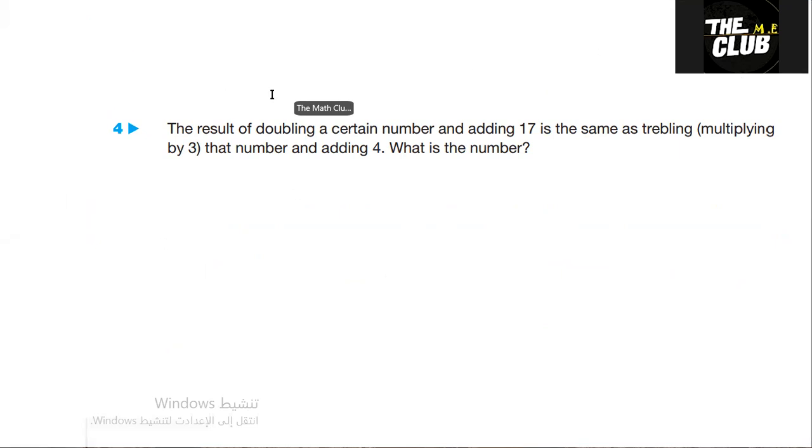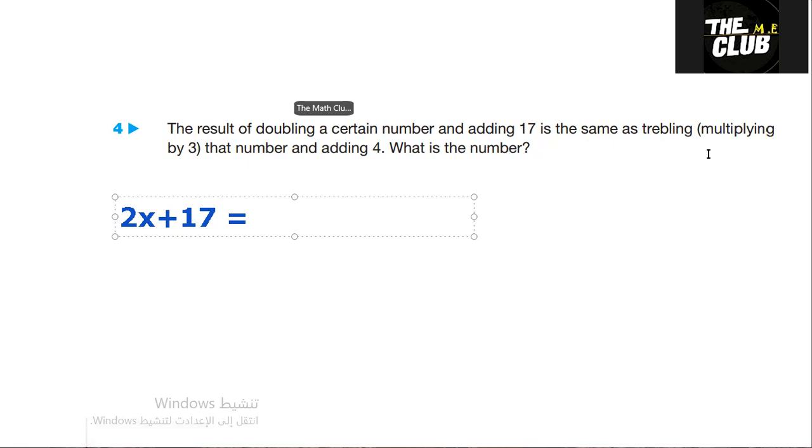Okay. So the results of doubling a certain number. Let's say the number is x. Doubling means what? It means 2x. This is the meaning of doubling. The results of doubling a certain number and adding 17 is the same as, the same means equal, tripling.